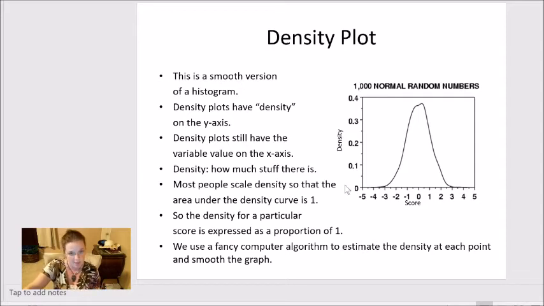And another word for probability is density. How probable, how much stuff is there, right? And so instead of having actual whole numbers along the y-axis, you put the proportions, or the probability, along the y-axis. And so another name for a density plot is a probability density plot or a probability density function.